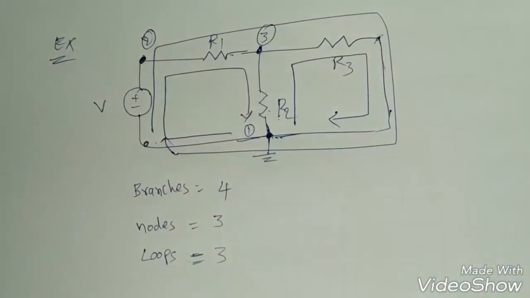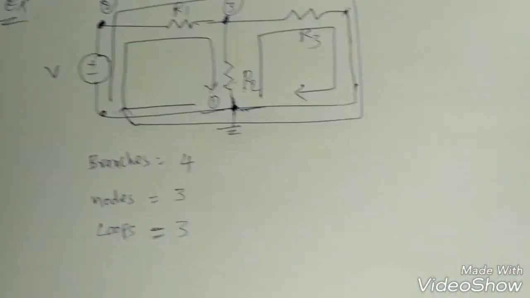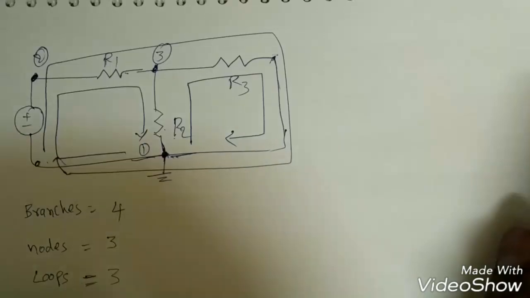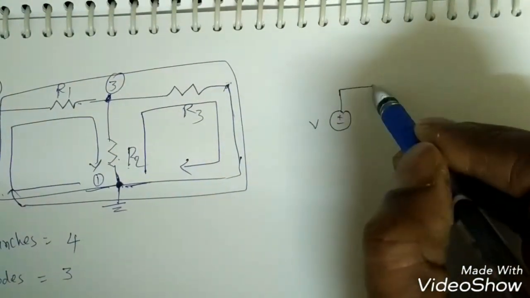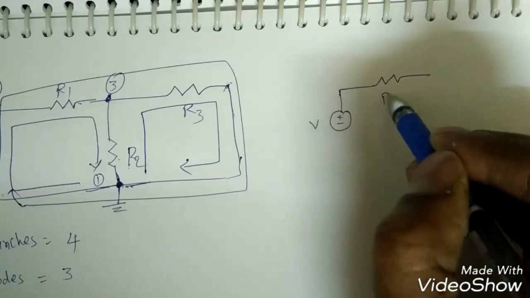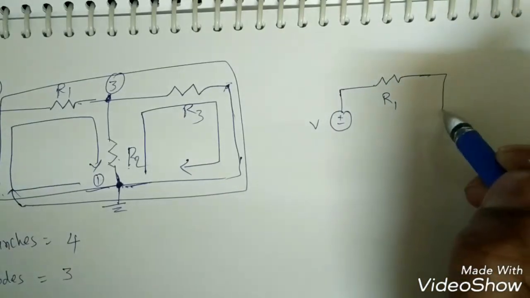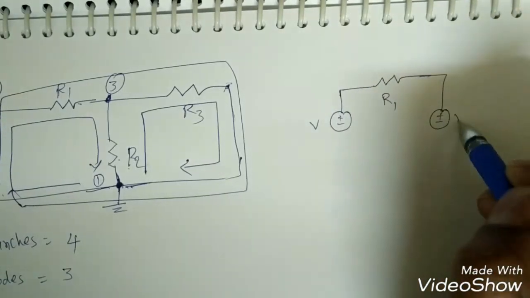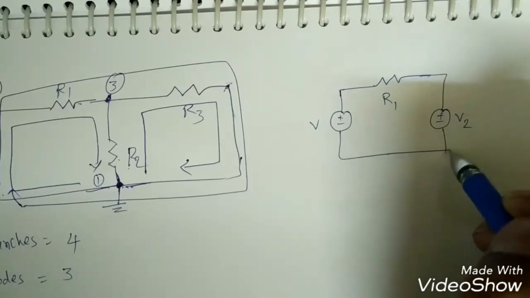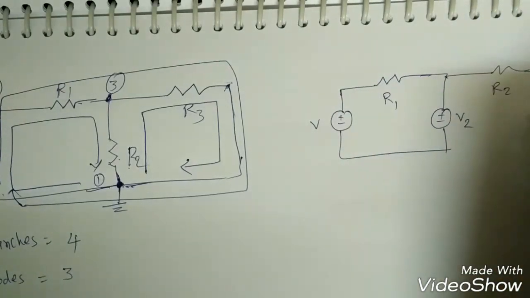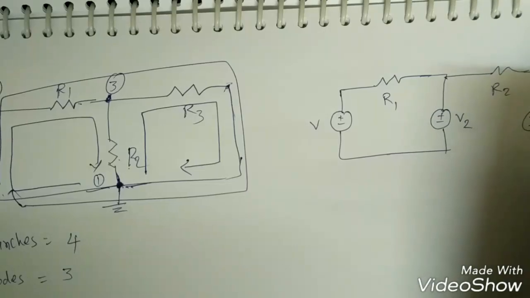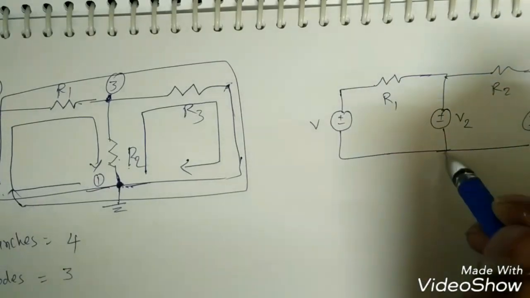Now if I want to apply KVL and KCL, I will give one more example. Suppose this is plus V, this is R1, and this is plus minus V2, this is R2, and there is a minus plus V1 which is grounded.